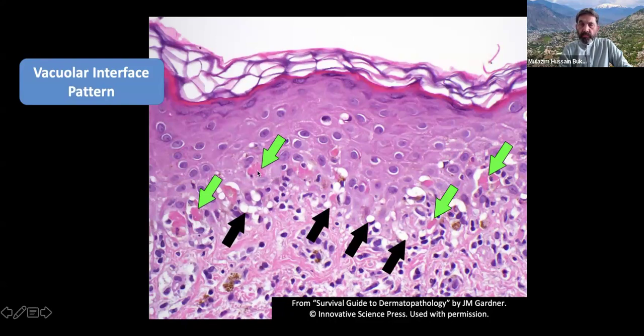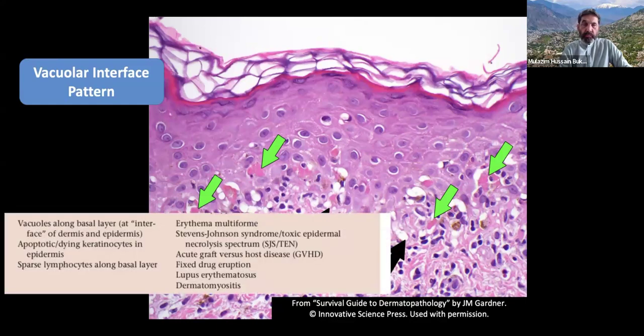This is a very robust example here. Sometimes it's much more sparse and subtle, and you may only have some focal dying keratinocytes and little bubbles, but keep that in mind and go on higher power if you think there may be interface change. Finding this is really helpful because some diseases tend to have interface change and others really don't, so it can help narrow the differential diagnosis.